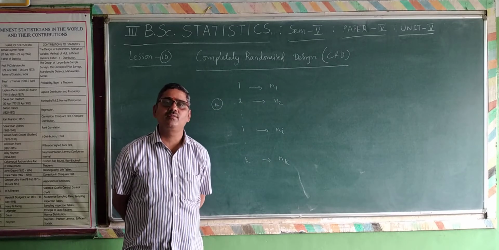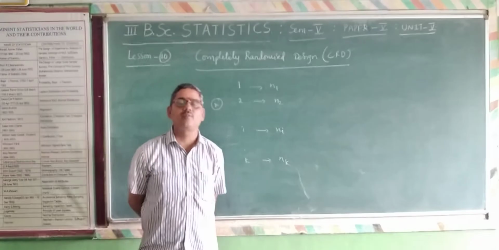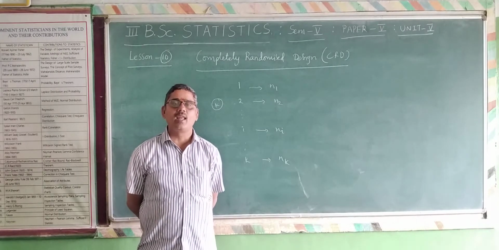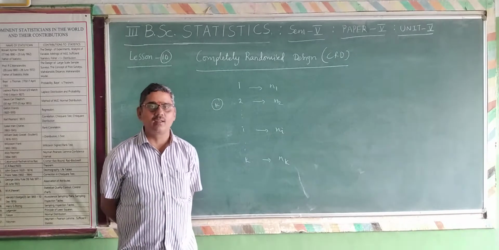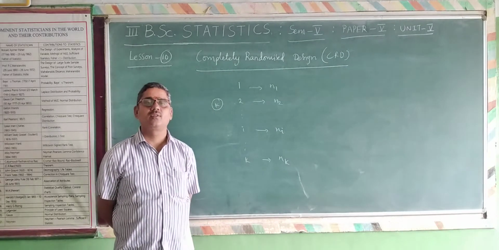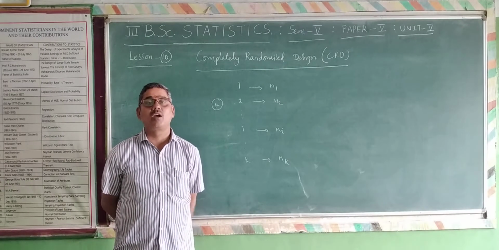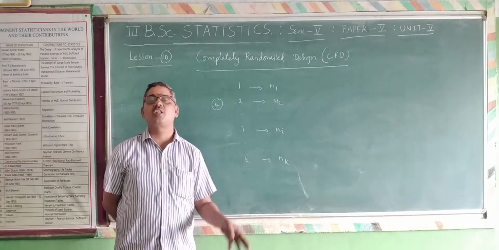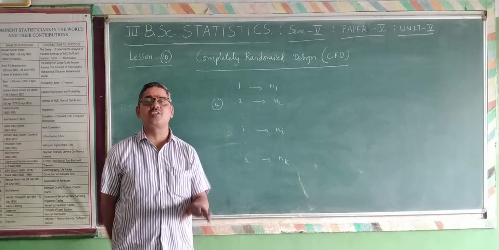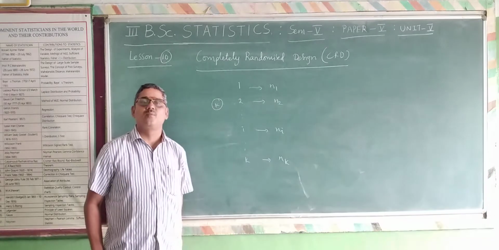What is the definition of CRD? Allocating the treatments randomly to all the experimental units over the entire experimental material by using the principles of replication and randomization is known as completely randomized design.